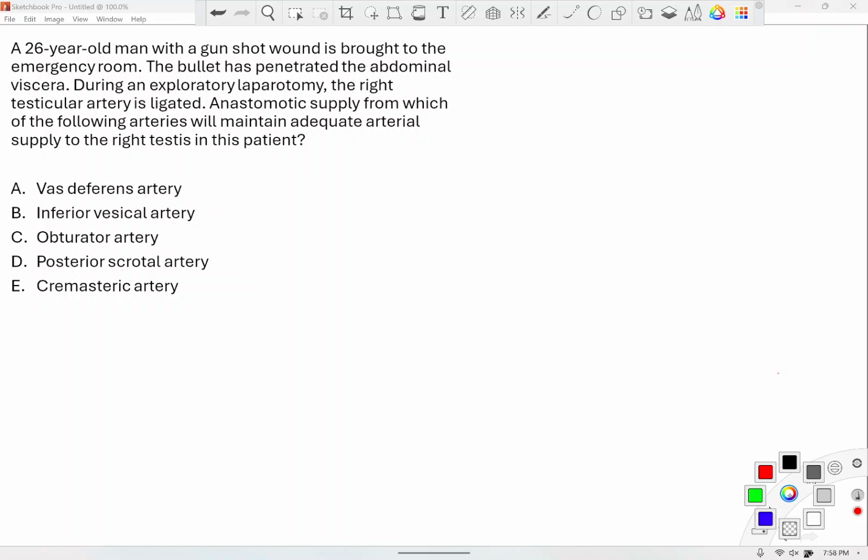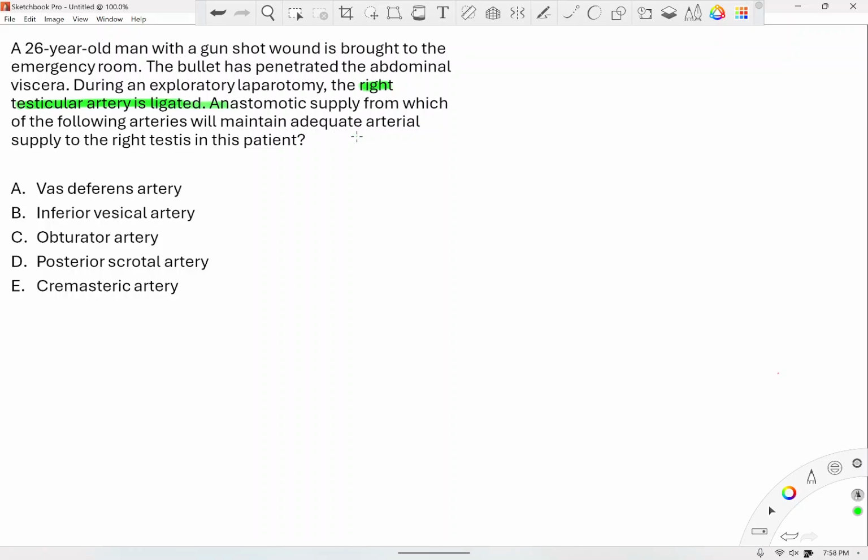Well, it looks like they're simply asking for anatomy in this question. So they just want to know, if the right testicular artery is ligated, the testicular artery supplies the testes. What they're saying is there's an anastomotic supply to the testes as well, so there's another artery that supplies the testes.